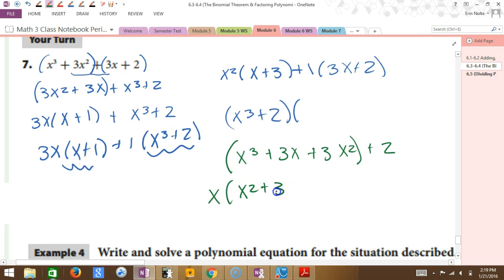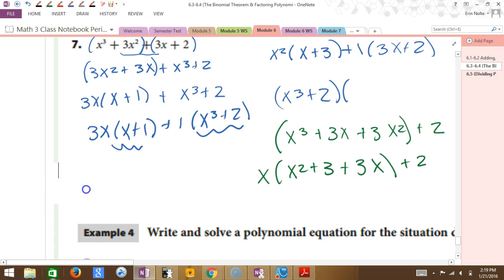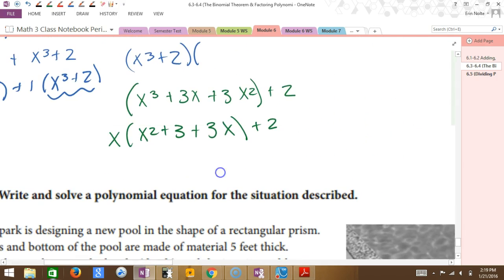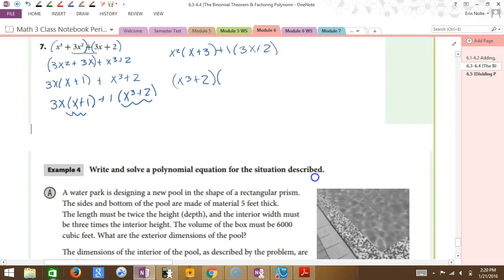X squared plus 3 plus 3x plus 2, and then add up to 3. No, you can't. Okay, well, we'll come back to this one.